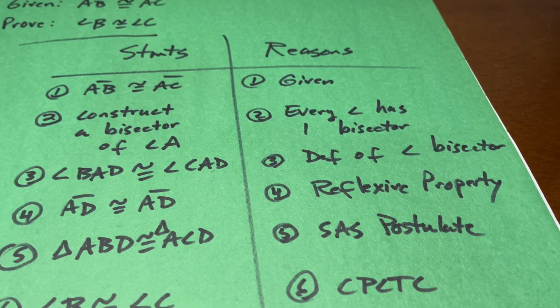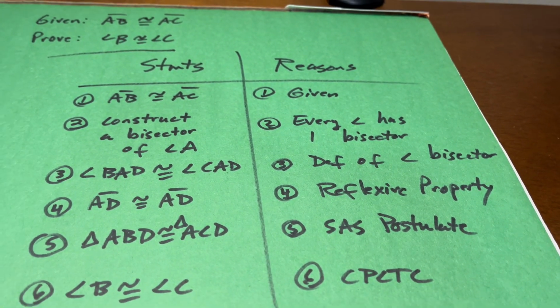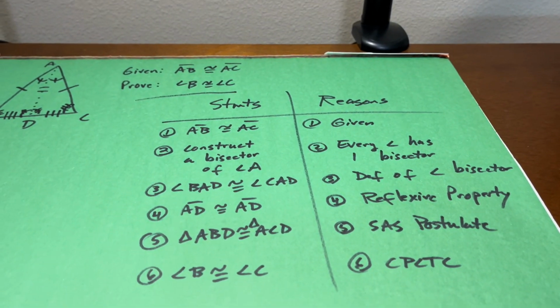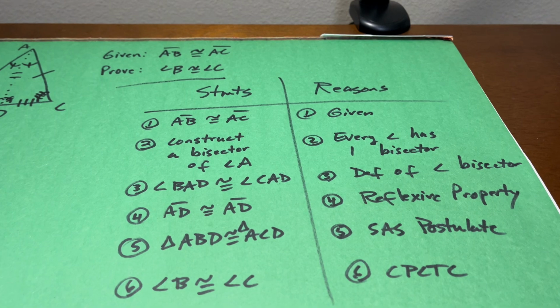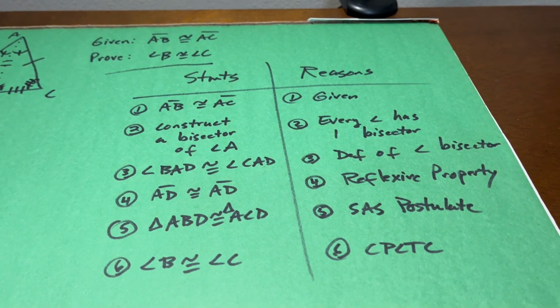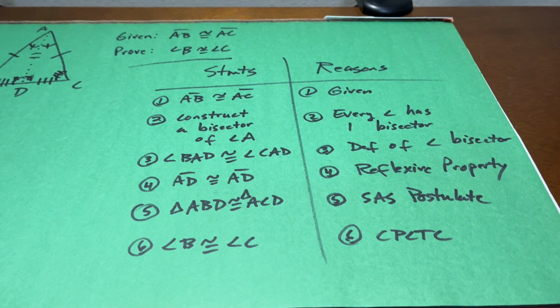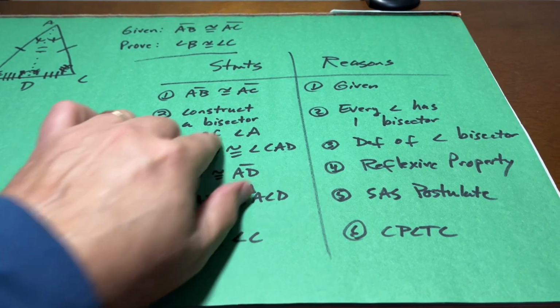So this is a proof. A proof is a systematic way of showing that something is true, given some statements, given some reasons, using postulates and properties and theorems and things like that to logically show that something is true.